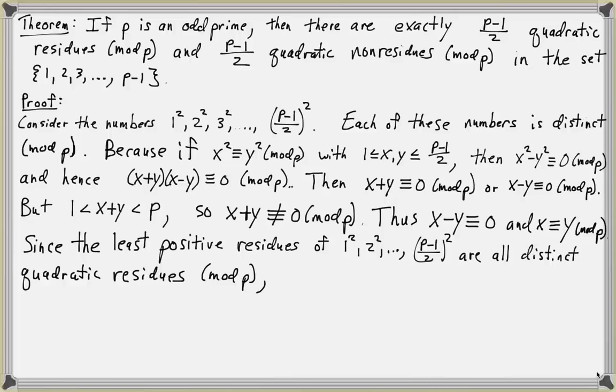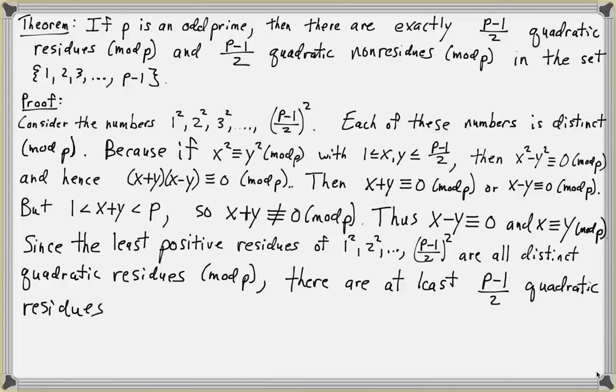We see that there must be at least (p minus 1) over 2 quadratic residues mod p.